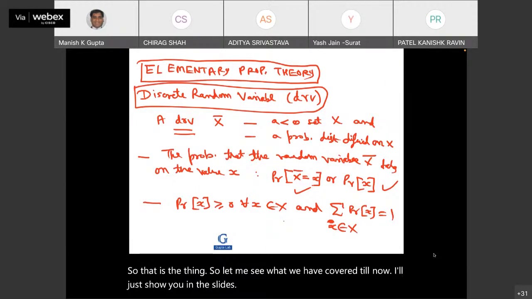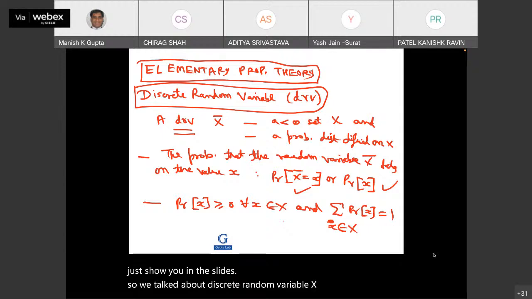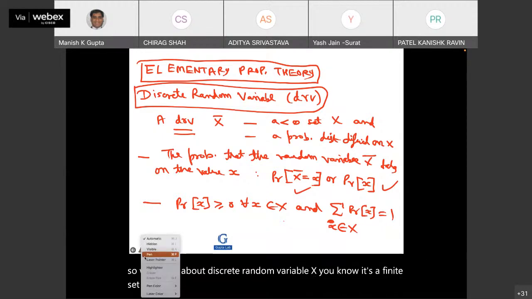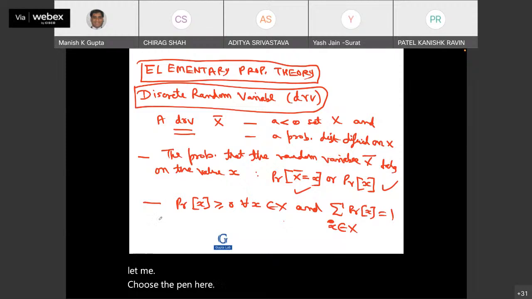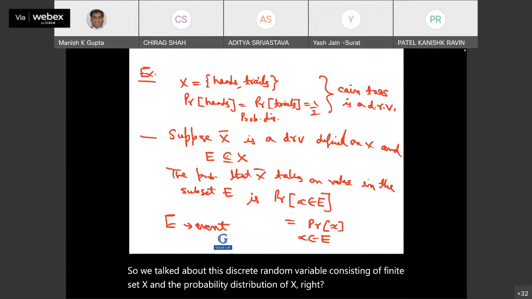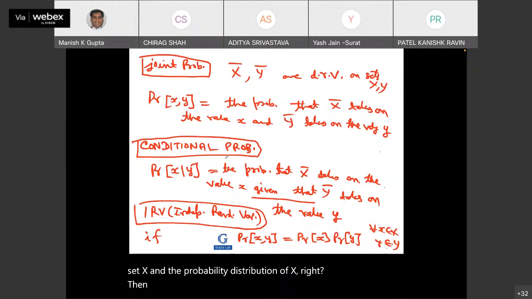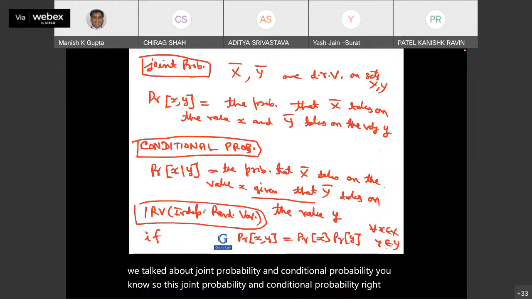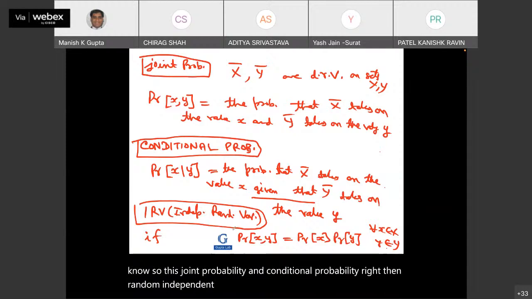We talked about a discrete random variable X, with a finite set. Let me choose the pen here. This discrete random variable consists of a finite set X and a probability distribution of X, right? Then we talked about joint probability and conditional probability. Then independent random variables, when the joint probability is the product of the two probabilities.